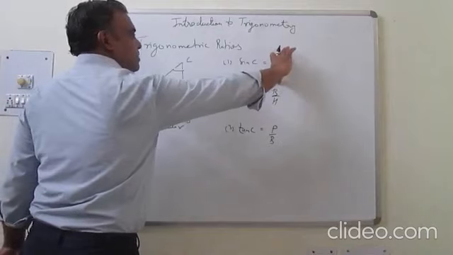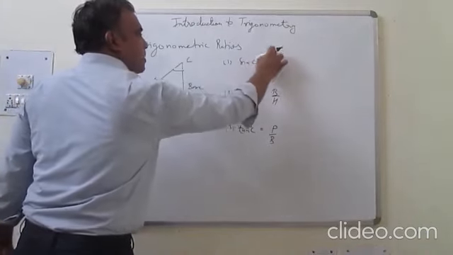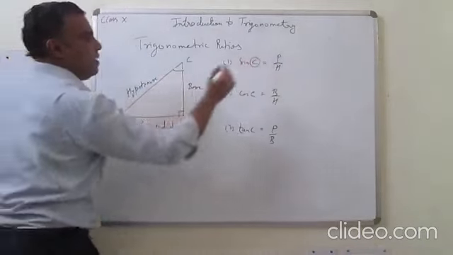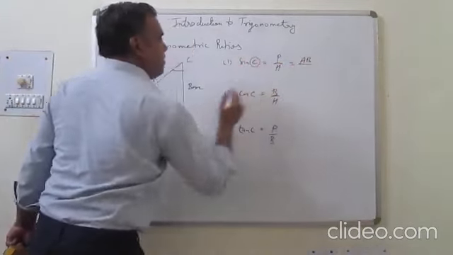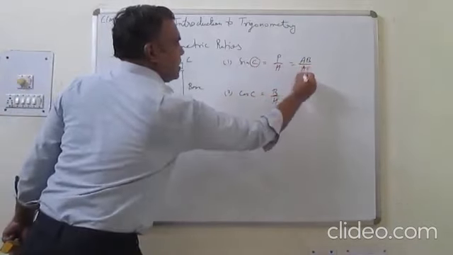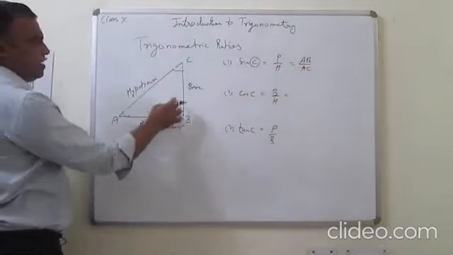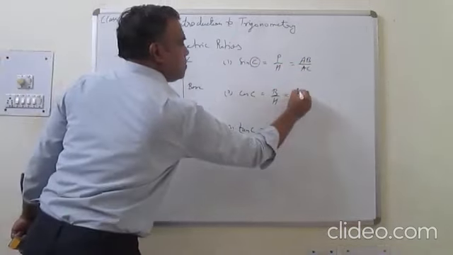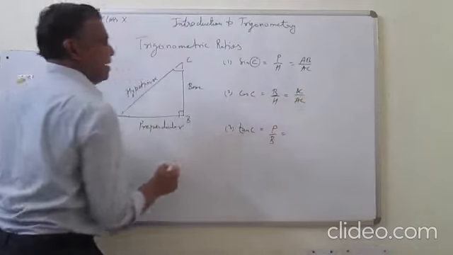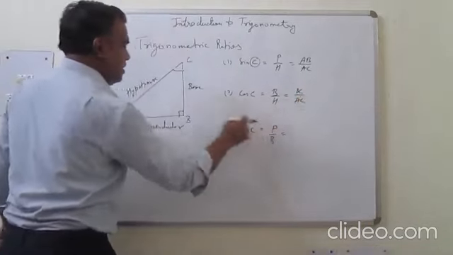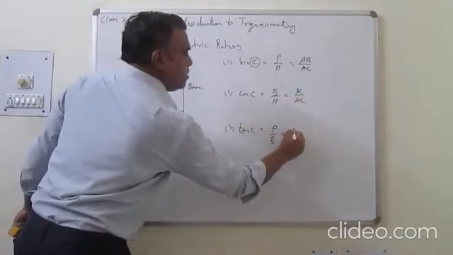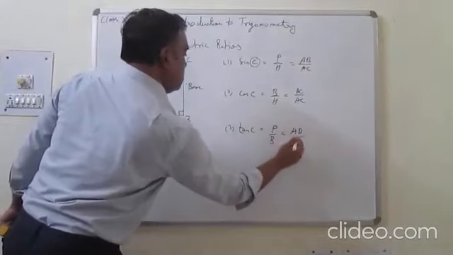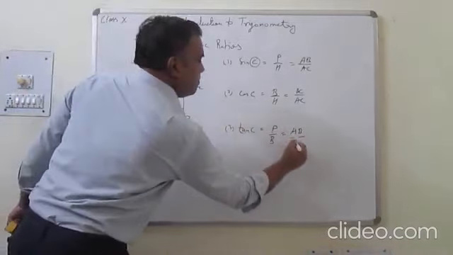Now, the formula remains the same, P upon H, but here the perpendicular is changed. In sin C, the perpendicular is AB upon AC. Hypotenuse is the same. Base is BC upon AC, and tan C is perpendicular upon base, AB upon BC.